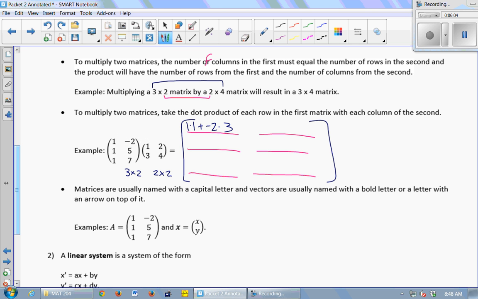Now, if I want to fill in first row, second column of my product, I multiply the first row, second column of my factors. So my dot product would be 1 times 2 plus negative 2 times 4.